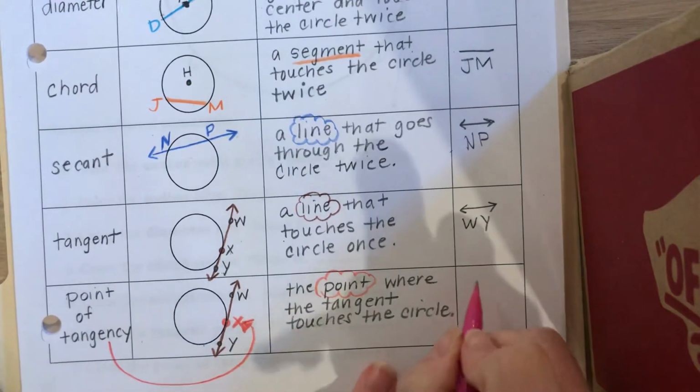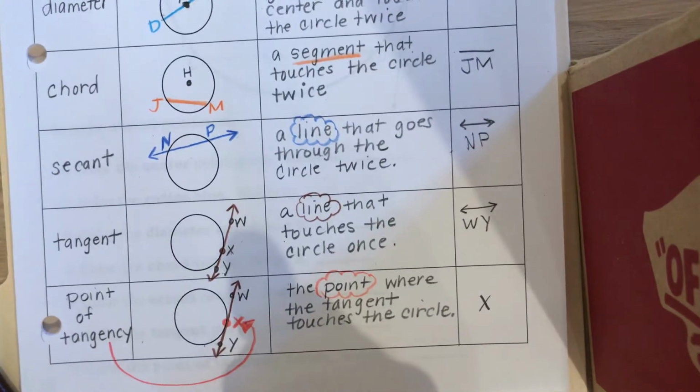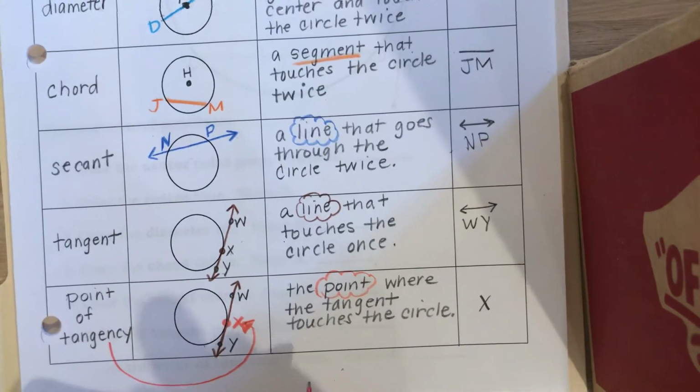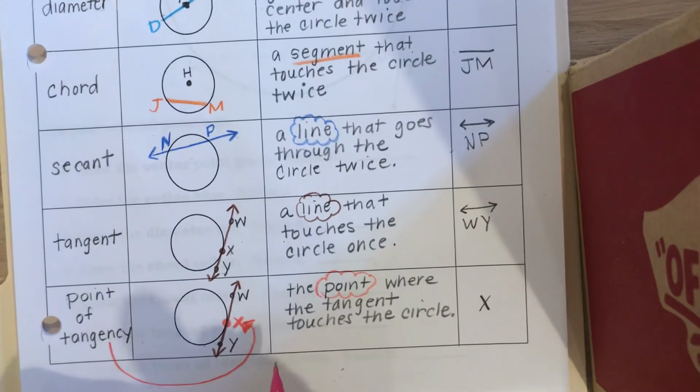So we would call that point X, or just the letter X. So make sure that you have all of this information down on your notes, because a lot of the pages that follow in this packet, you're going to be looking back to this first page to understand what the parts of a circle are. The reason we learn about the parts of the circle is because in the rest of the unit, there's a lot of terminology that goes back to the parts of the circle. So now you'll know what each one of these terms mean, and you'll be successful when we do the rest of this packet.